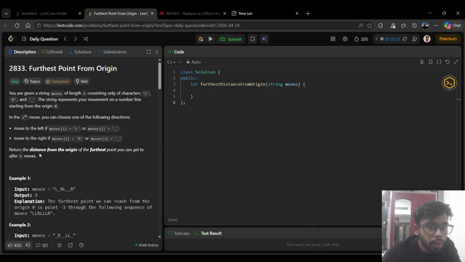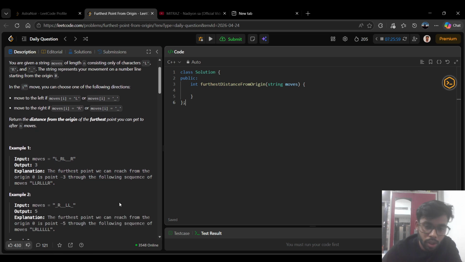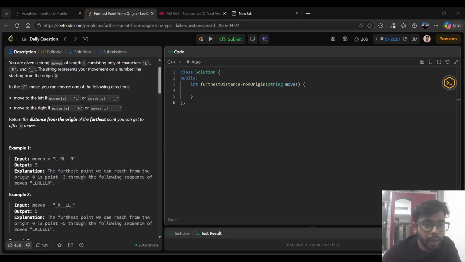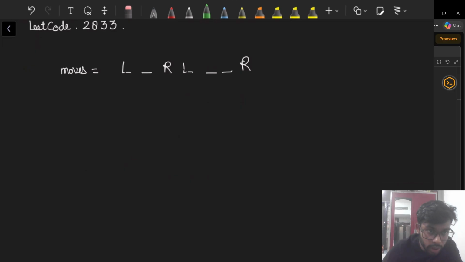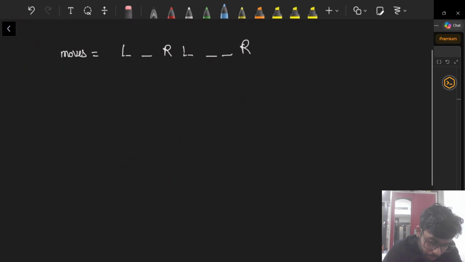So what we have to return? We have to return the distance from the origin of the furthest point we can get after the n moves. So let's try to run this problem and then figure out the intuition. The first test case is L underscore R, underscore R. We have to move to the farthest point.